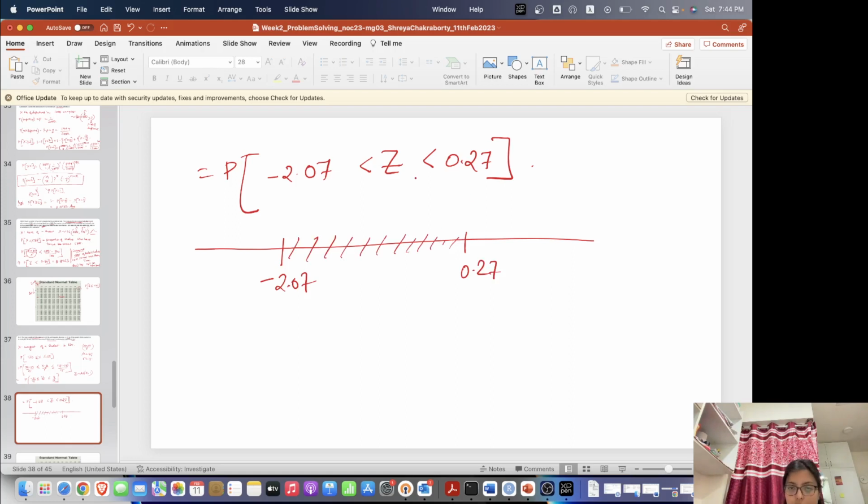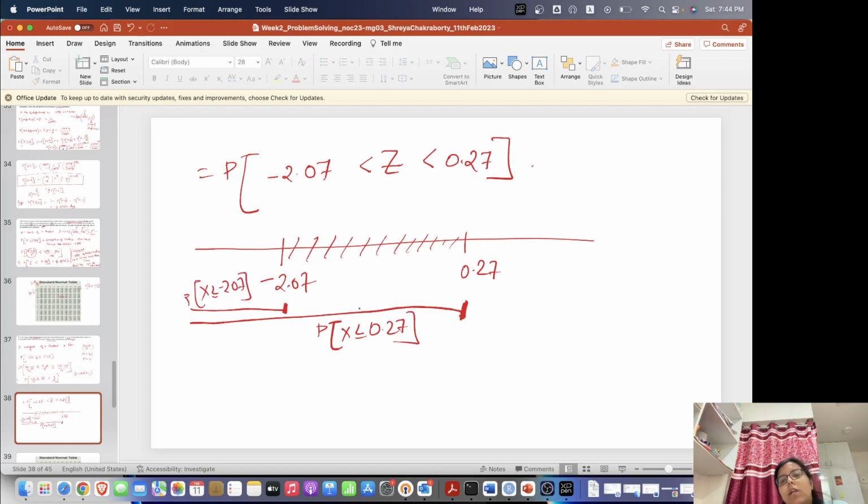Instead of doing this, we can calculate the area till this point and then subtract this much area from the entire thing. So this will be probability z less than or equal to 0.27, minus probability z less than or equal to minus 2.07. If we just do a subtraction, we'll get whatever is between these points.